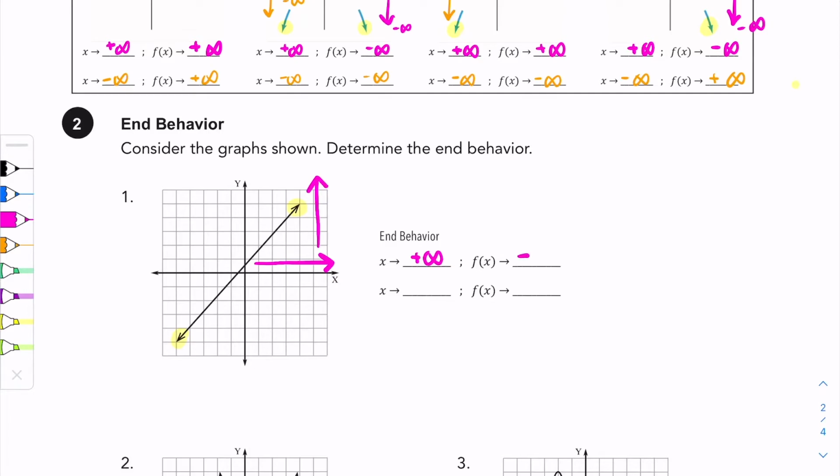So if it's heading up, it's heading towards positive infinity. Looking at this end, as we head towards negative infinity, is the graph heading up or down? It's heading down towards negative infinity. So we would say as x heads towards negative infinity, the graph heads towards negative infinity.